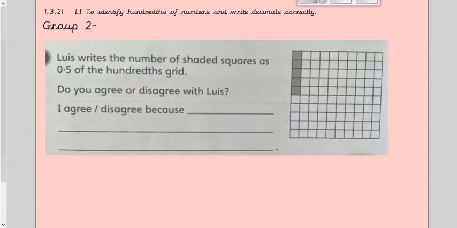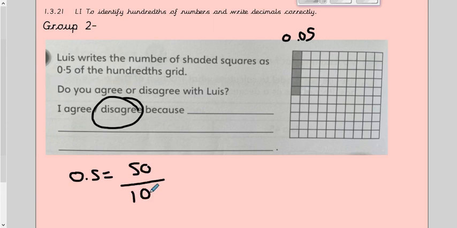And then for this one, Louis writes the number of shaded squares as 0.5 of the hundredths grid. Do you agree or disagree with Louis? So he is actually incorrect, so you should have disagreed with him, because he's actually shown 0.05. Because there's only 5 shaded. 0.5 is the same as 50 hundredths, whereas 0.05 is 5 hundredths, which is what is clearly there.